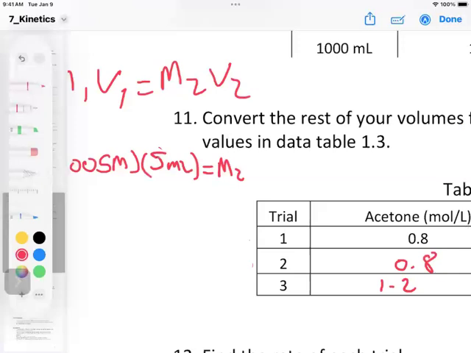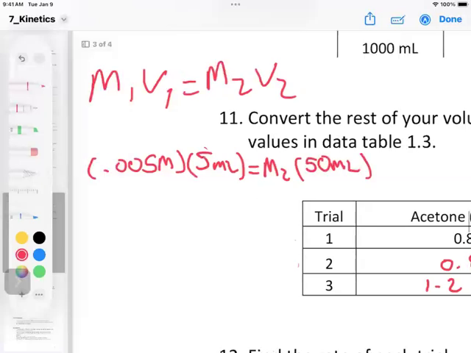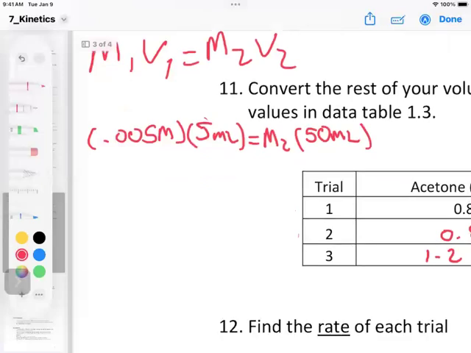V2 is the 15 milliliters. That gives 0.025... What is that?